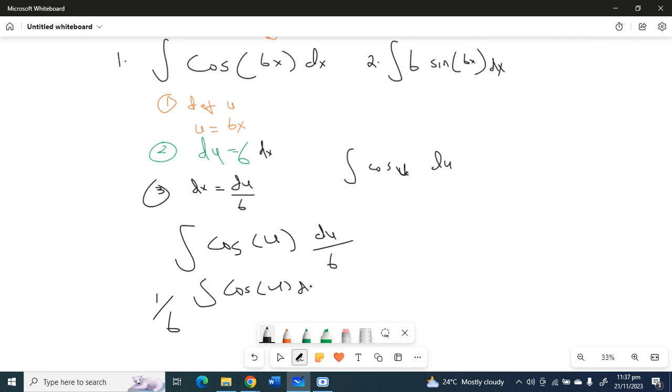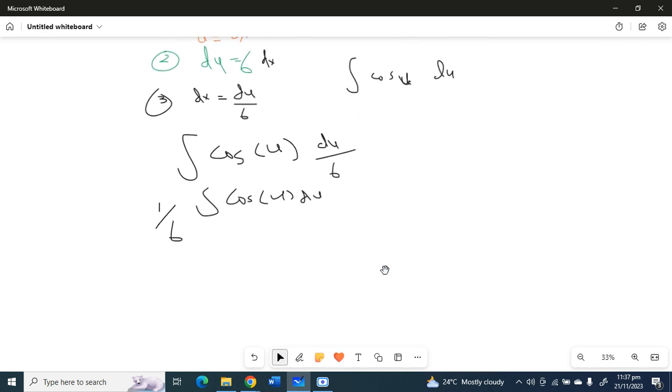Now we can integrate our trig function. So the integral of cosine is sine. All right, so we're going to have 1 over 6 sine u plus c.